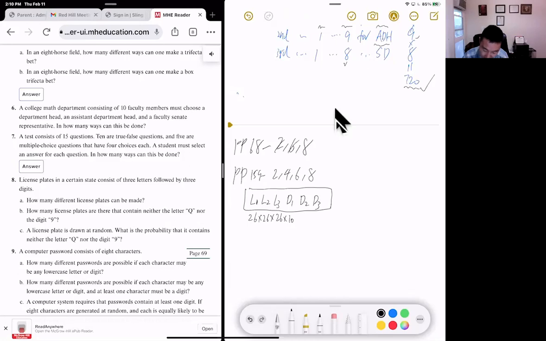That is step number 4, times step number 5, again 10 digits, times the last step, 10 digits. This is how many different ways we can make a license plate. So that's part A.